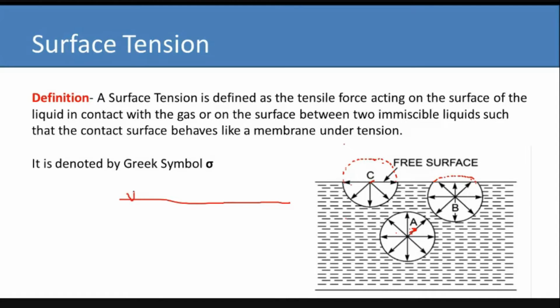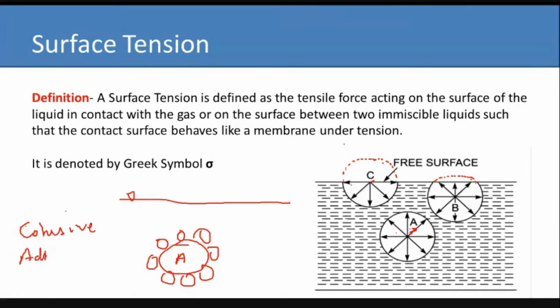Okay, now we will see what happens in case A. This is a liquid surface and this is molecule A. In case of molecule A, it is completely surrounded by the same liquid molecules. Now we know in case of liquid molecules, there are two types of forces acting, that is cohesive force, and second is adhesive force. Now what is cohesive force?